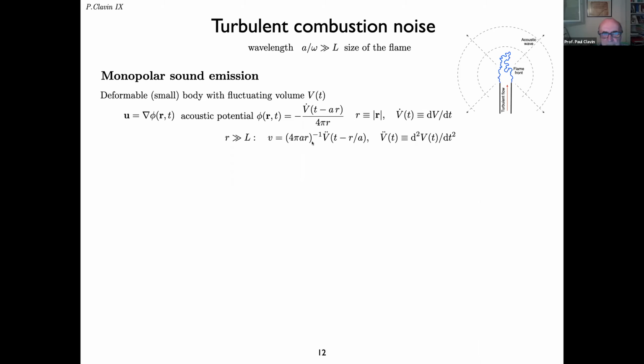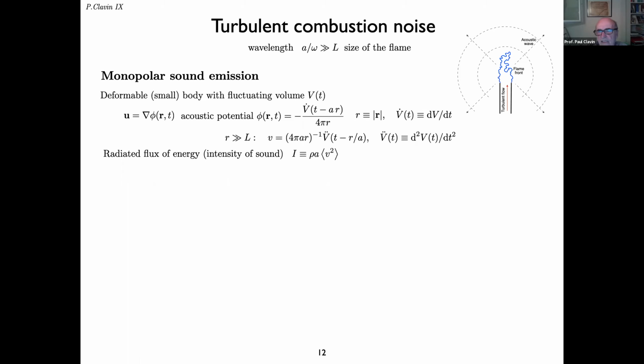So the velocity decreases like 1 over r, and the intensity is like that. The radiated flux of energy, sometimes called the intensity of sound, is simply rho v squared.